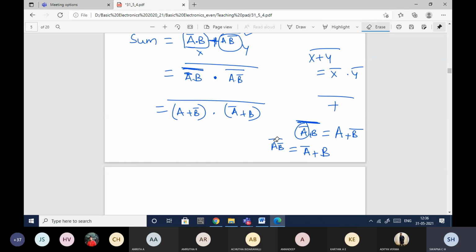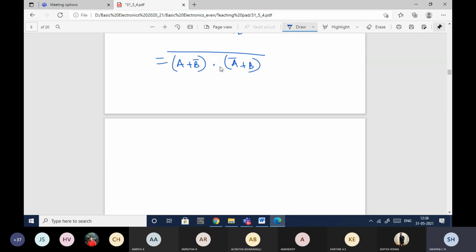Anybody have doubts until here? Okay. Now if you observe, here I have plus operator, here also I have plus operator, but whole bar here is missing, whole bar here is also missing, and I have AND operation in between. So that also should be removed. I have a whole bar here, I have a whole bar here, so again I'll expand.